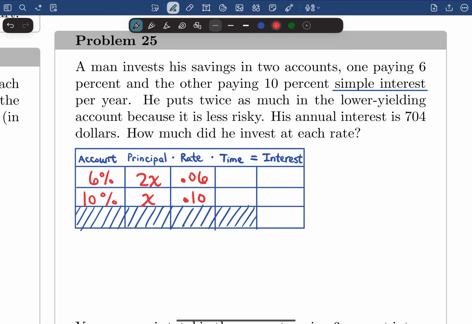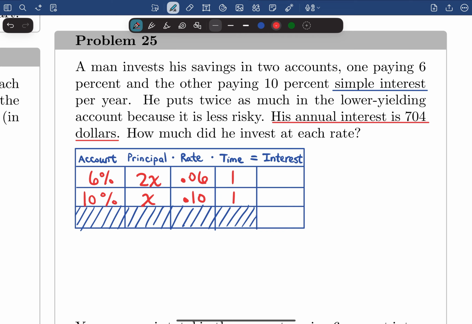And how long is he doing it for? Do you see in the problem how long he's deciding to? Oh, it's annual. So we know his total annual interest. So we're just talking about 1 year again. Let's multiply the principal times the rate times the time to get the interest.